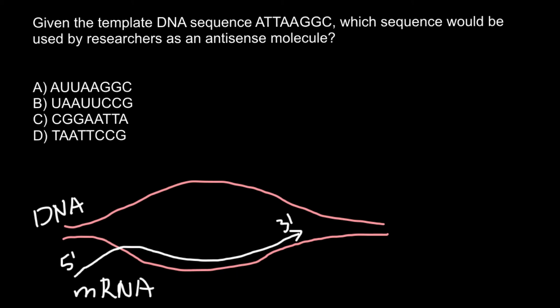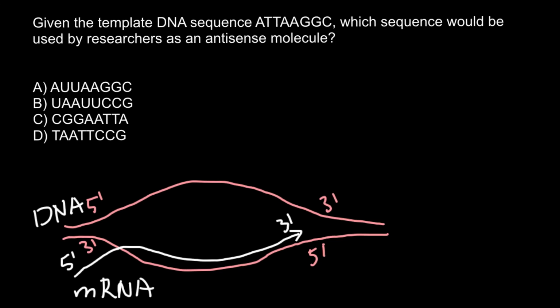So we should have 5' end of the DNA here, and 3' end of the DNA here, 5' end of the DNA here, and 3' end of the DNA here.